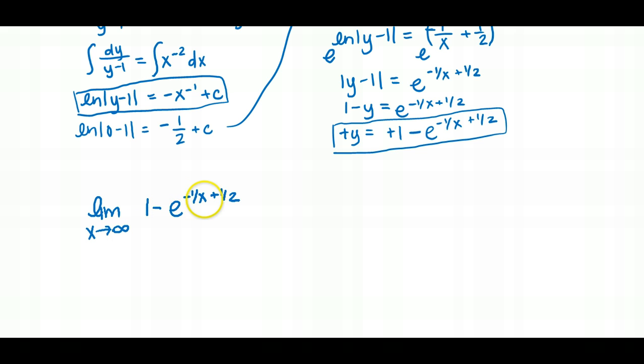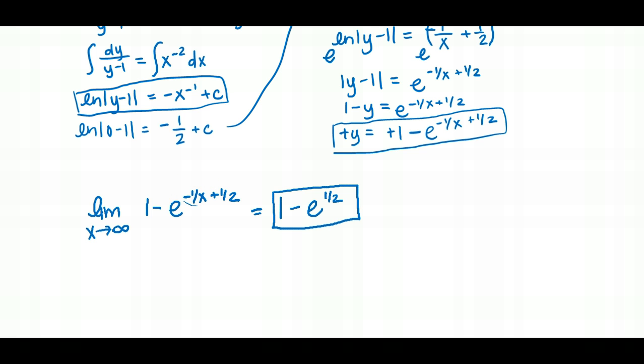So as x values approach infinity, I have negative 1 over really big numbers, so this portion here goes to 0. So my answer would be 1 minus e to the 1 over 2. So 1 minus e to the 1 over 2 is the answer to this limit at infinity.